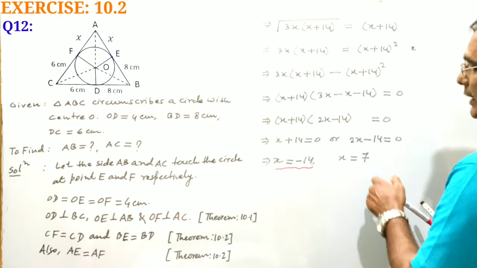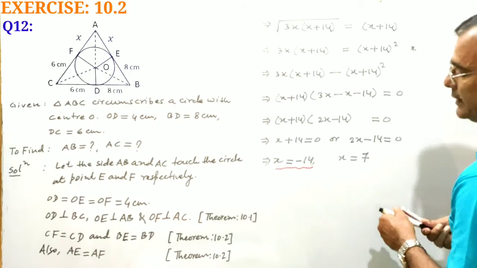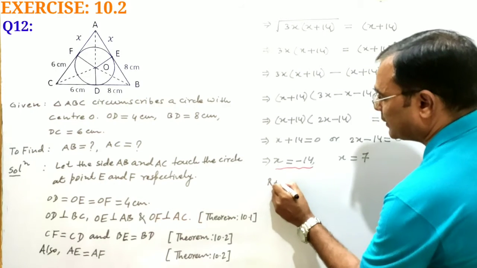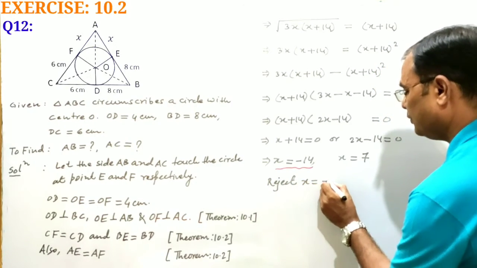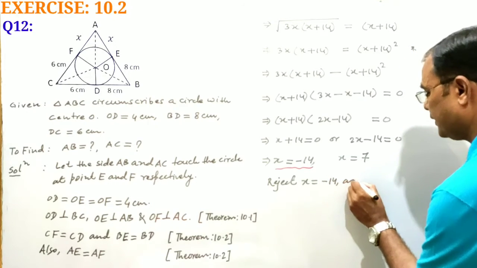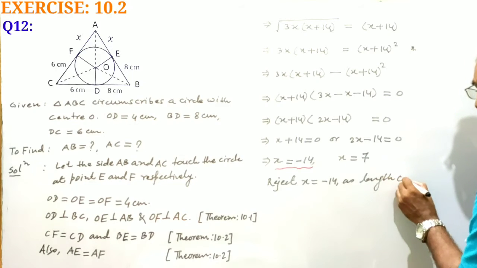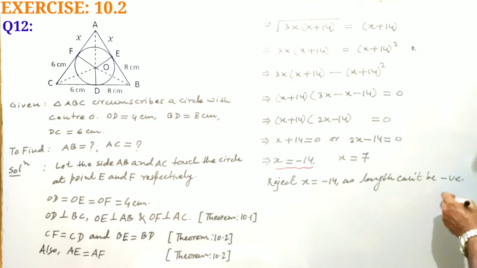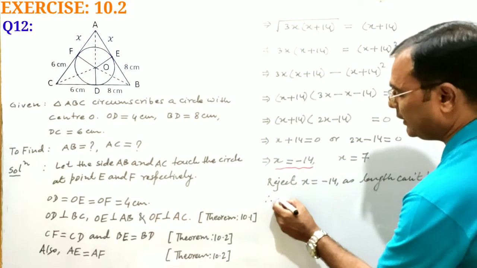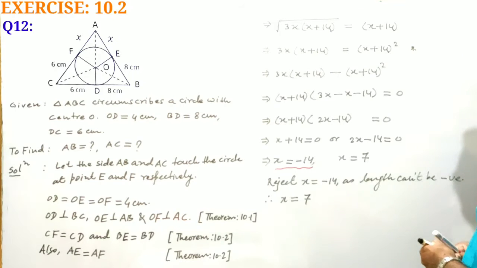So value of x cannot be negative. So reject x equal to minus 14 as length can't be negative. So finally we have got x equal to 7.